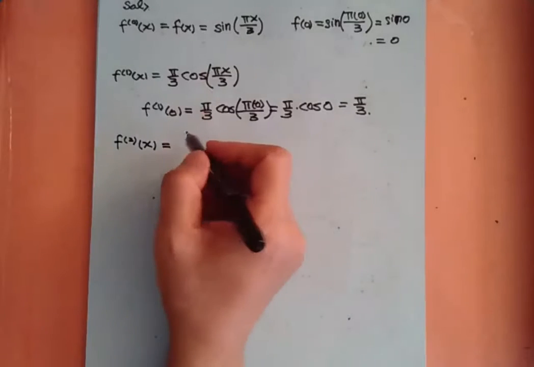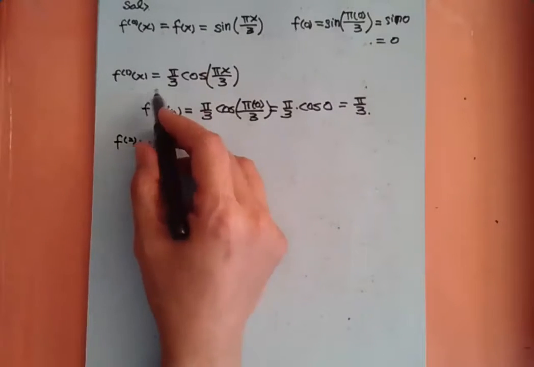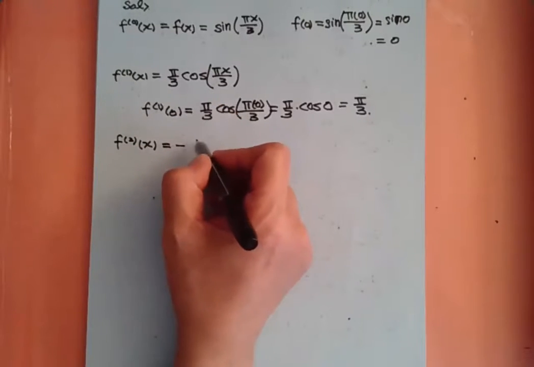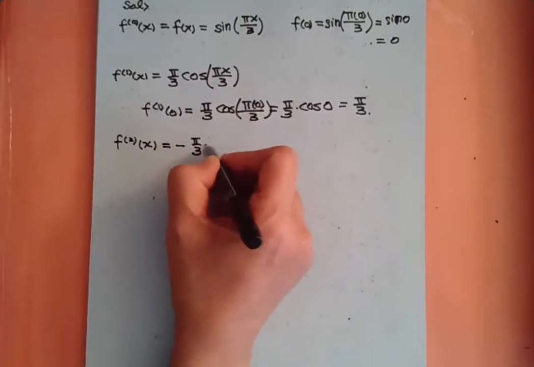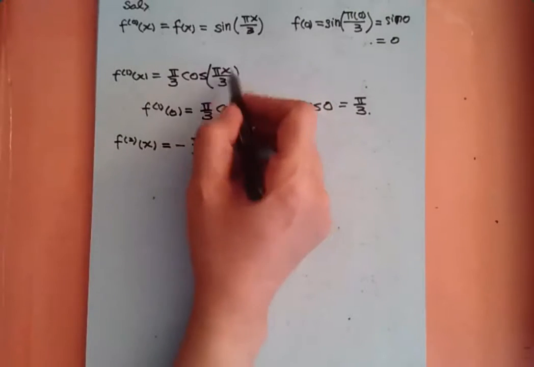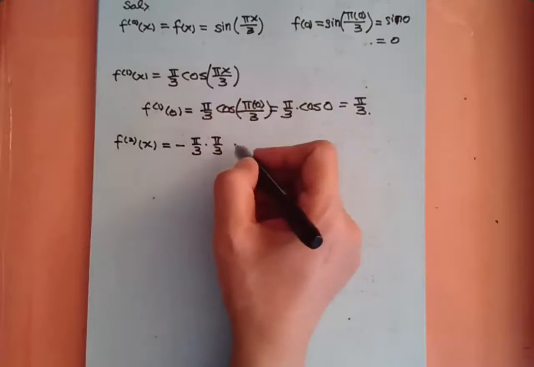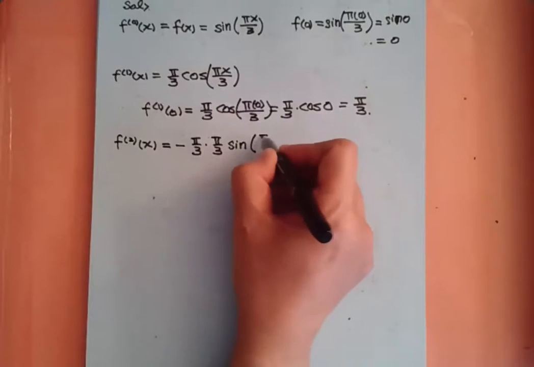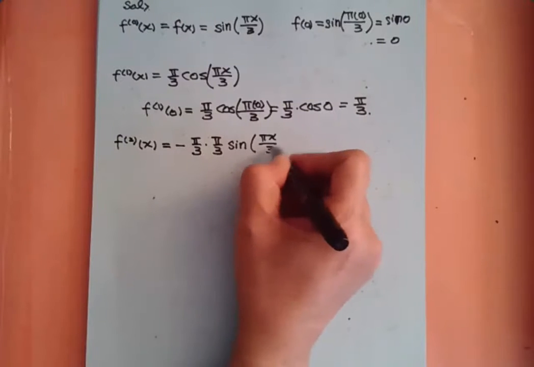So the second derivative of f: cosine's derivative is minus sine. So minus pi over 3 times pi over 3. The second pi over 3 is from the derivative of this one by chain rule, sine of pi x over 3.